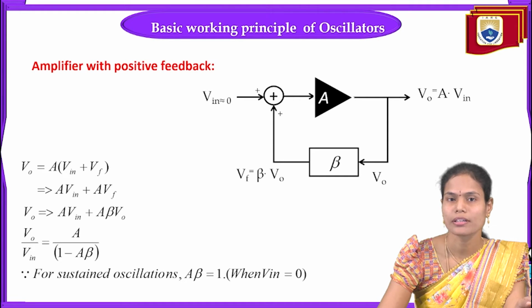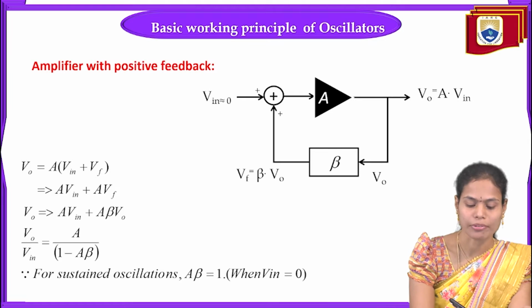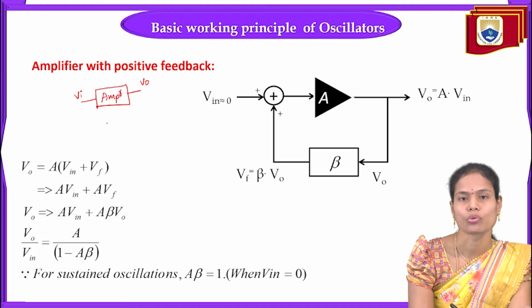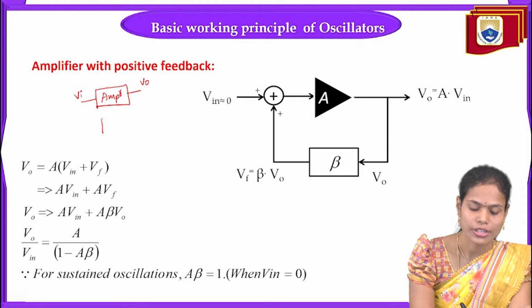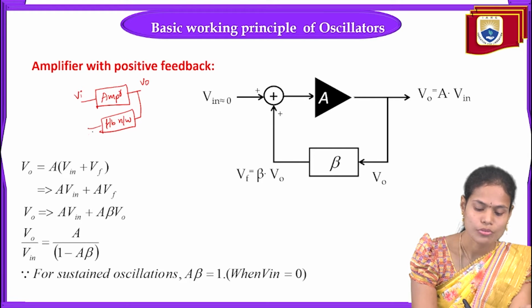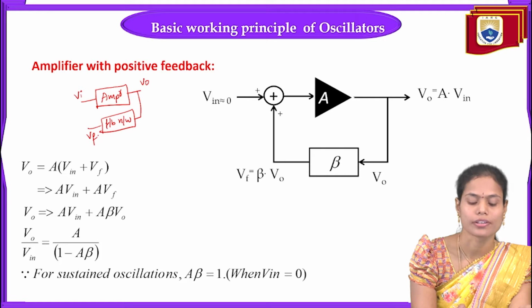Generally our amplifier is like this. For this we apply the input signal and we get the output signal. When we add the feedback through the feedback network, we get the feedback signal here.